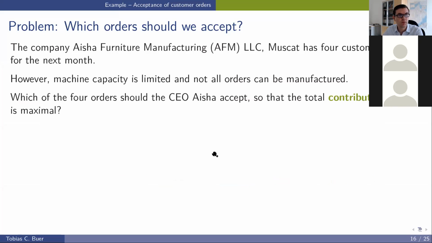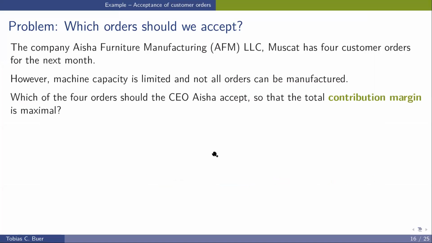So we have a company, Aisha Furniture Manufacturing, AFM, in Muscat, and Aisha has 4 customer orders for the next months. 4 orders from customers. The problem now is that the capacity of the machines this company has is limited.